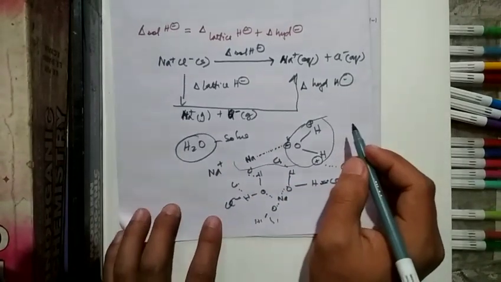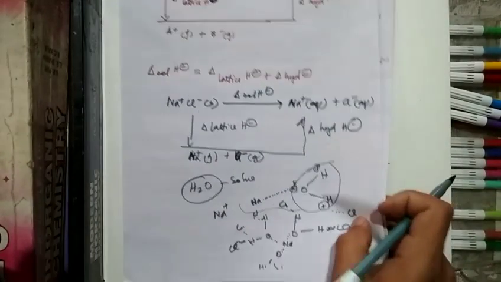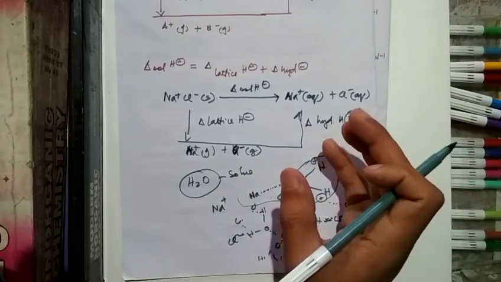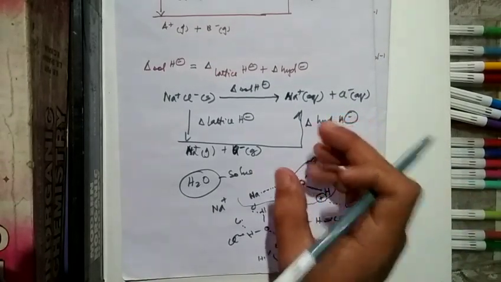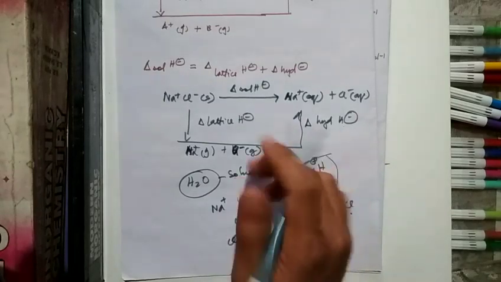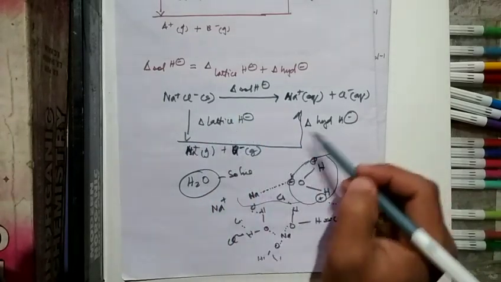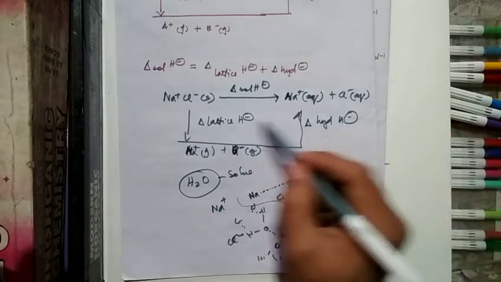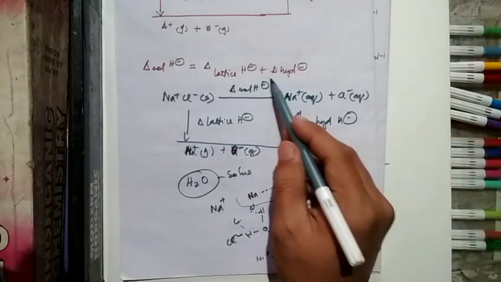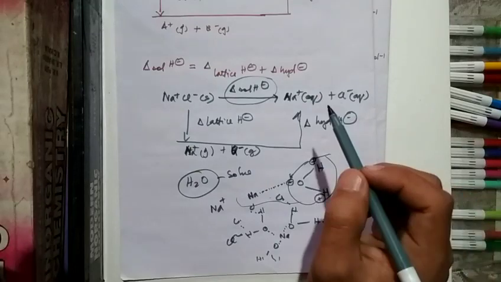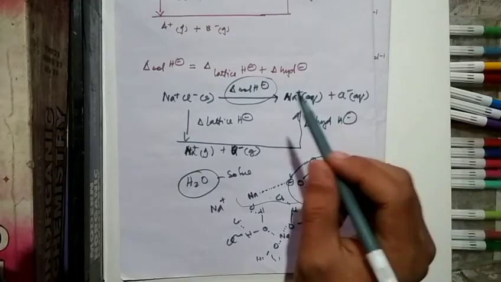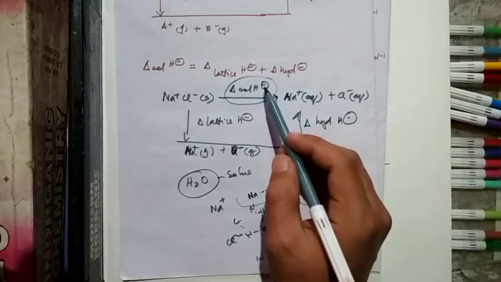Now from Hess's law of constant heat summation, the sum of these steps 1 and 2 will be equal to, not hydration, but the enthalpy of solution.